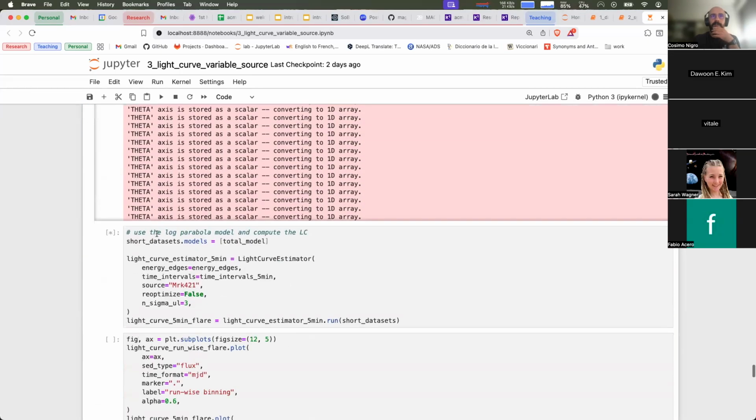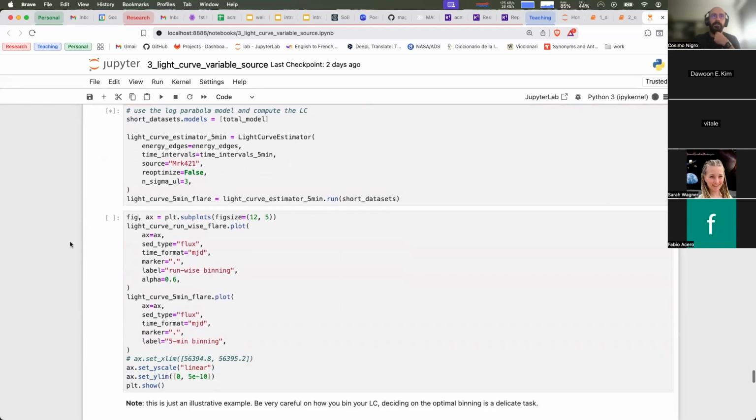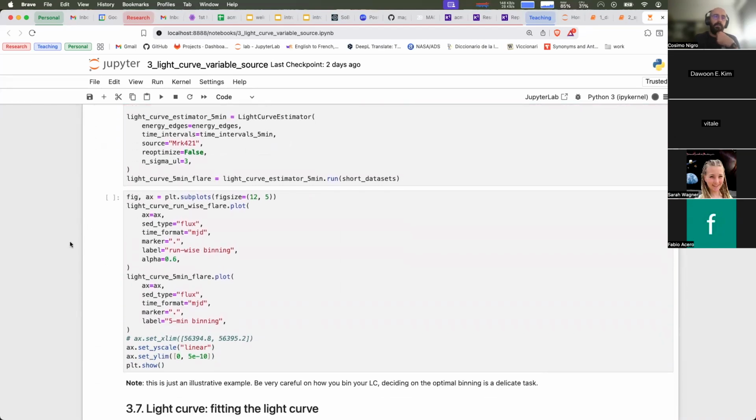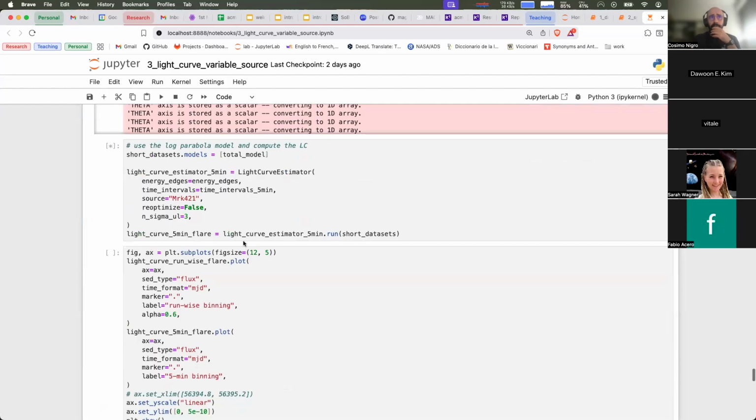So we have 98 time bins now. For example, what we will see in a minute when the light curve estimation finishes is that we're not really adding that much information in this case by shortening the time bins.